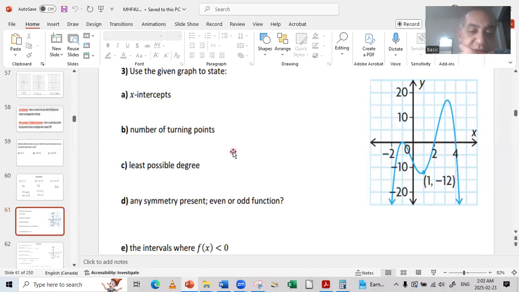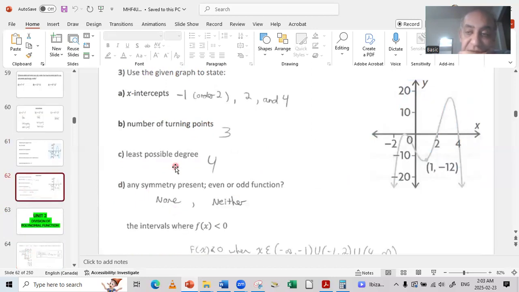So the possible degree is 3. And the coefficient is minus, because it's in the minus area here. So the leading coefficient would be minus. Any symmetry? There is no symmetry here, absolutely.